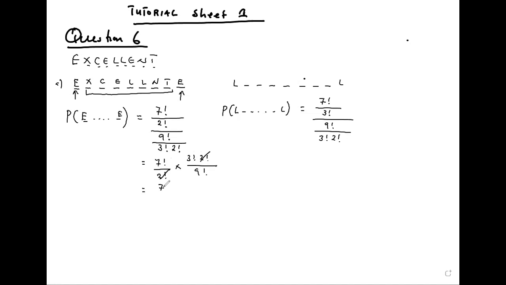And there we'll have 7 factorial multiplied by 3 by 2 over 9 by 8 by 7 factorial. So this will go, and 2 into 8 gives 4. So we get 1 over 12 for that piece.